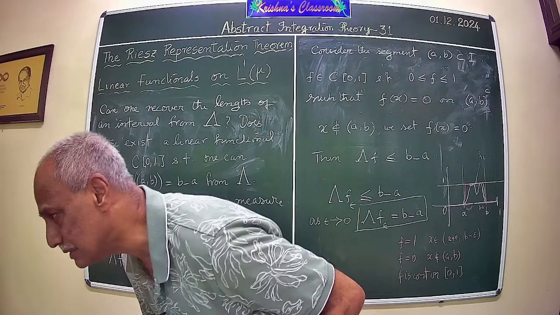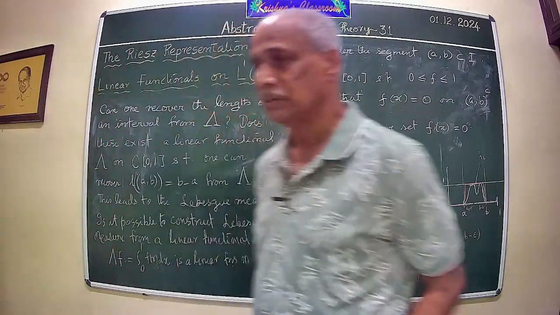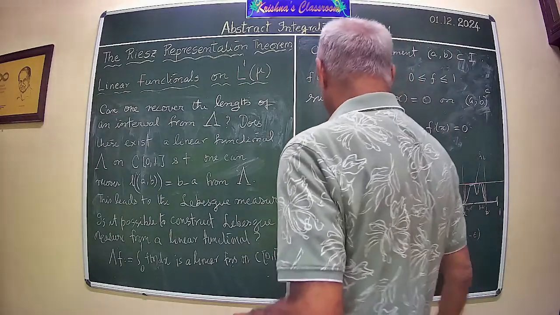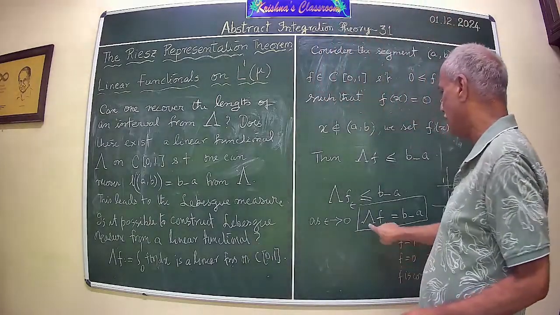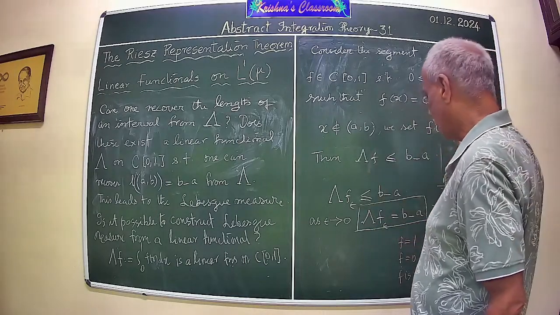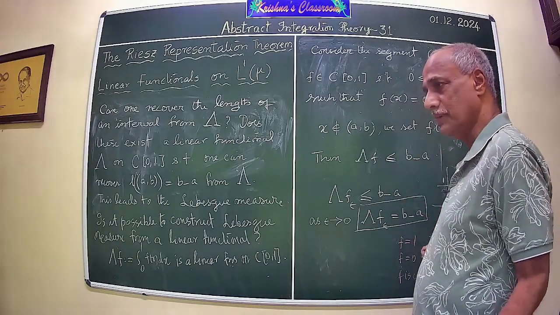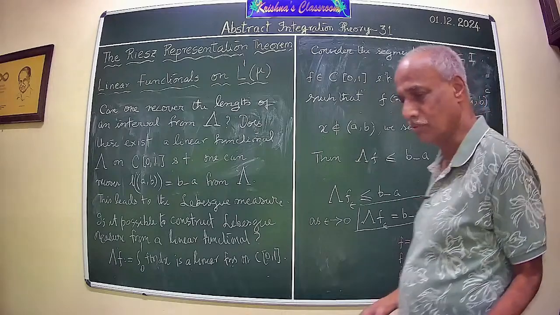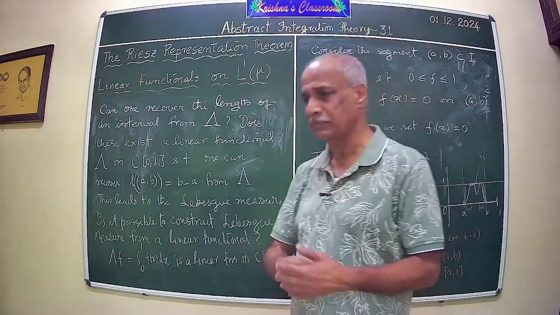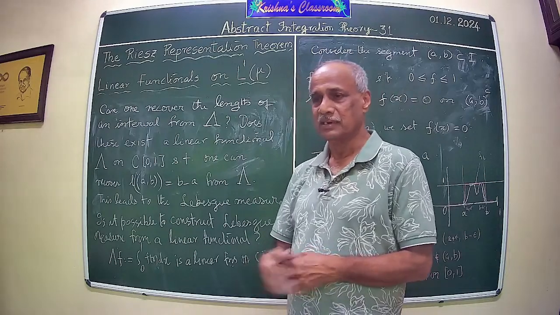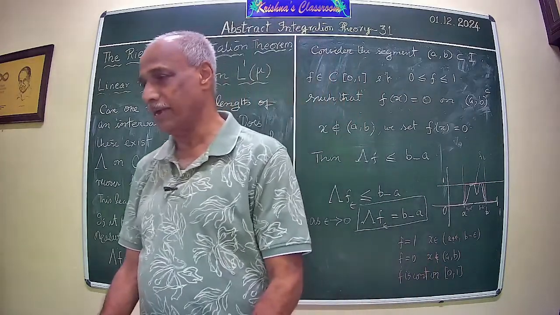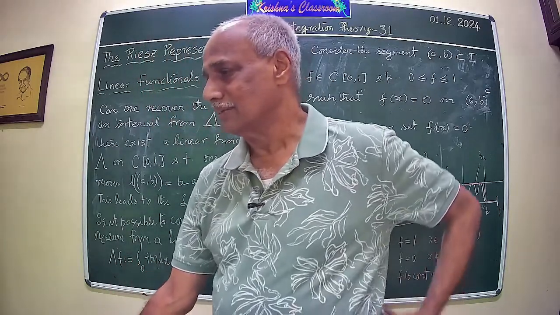I think I will just conclude this with this note that from lambda, a linear functional, you can actually associate a measure, and this measure is what you call the Daniell measure. Possibly because the system is now going for an update, I am forced to wind it up at this stage, and thank you very much.